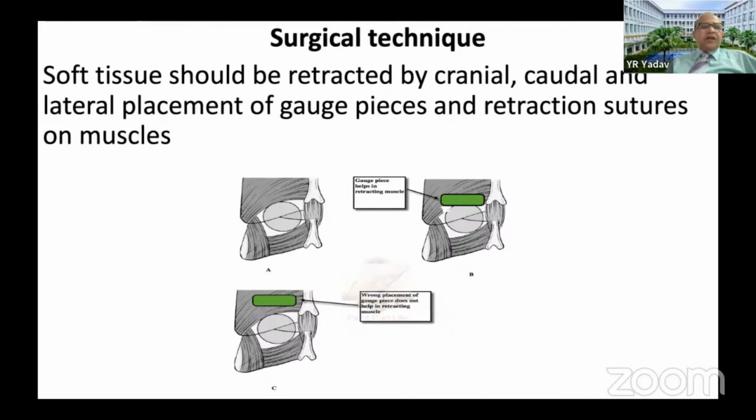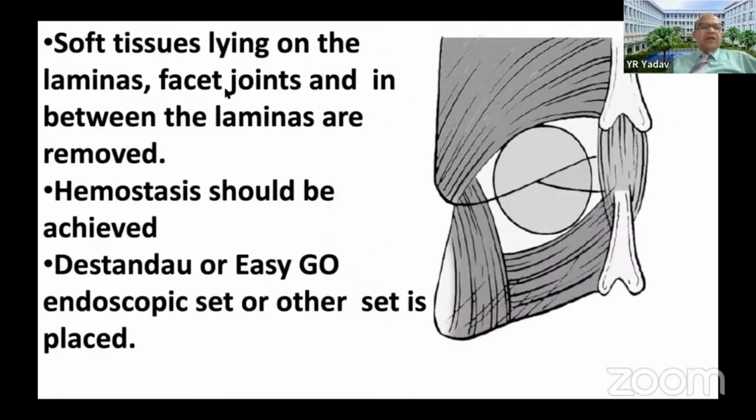The soft tissue lying on the lamina, facet joint, and in between the laminas is removed, as always in the lumbar spine. Anything where you want to remove the compression, that means on the lamina, near the facet joint, and on the other lamina, all soft tissue you remove, and you should go for perfect hemostasis.